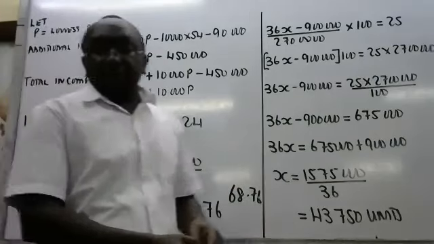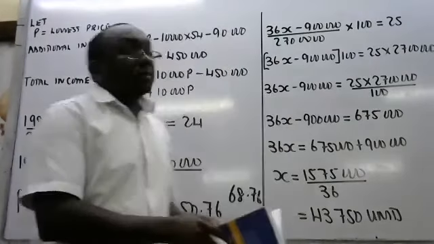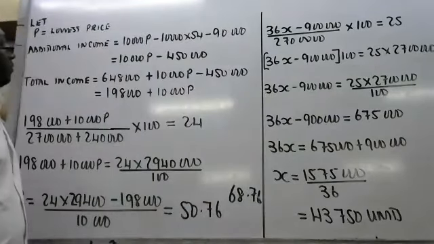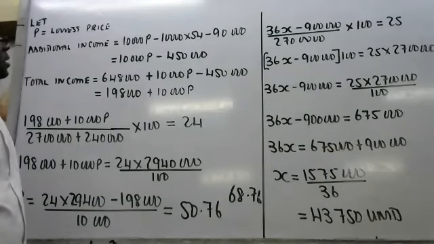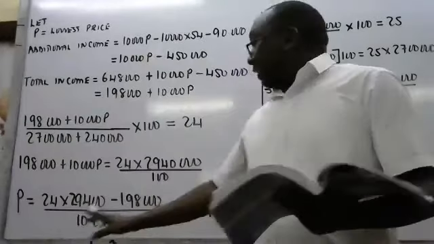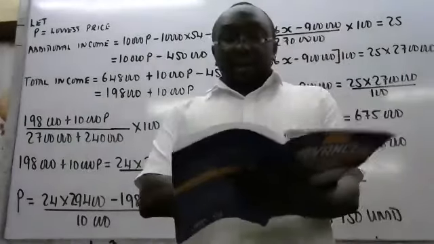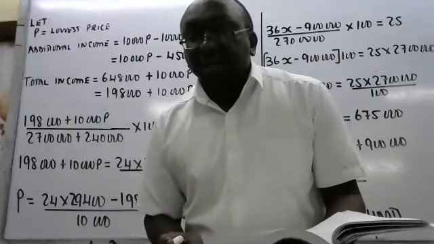But this is the answer I've gotten. 450 minus 90. Anyway, let us finish this. Yeah, Karua is giving us the 540.